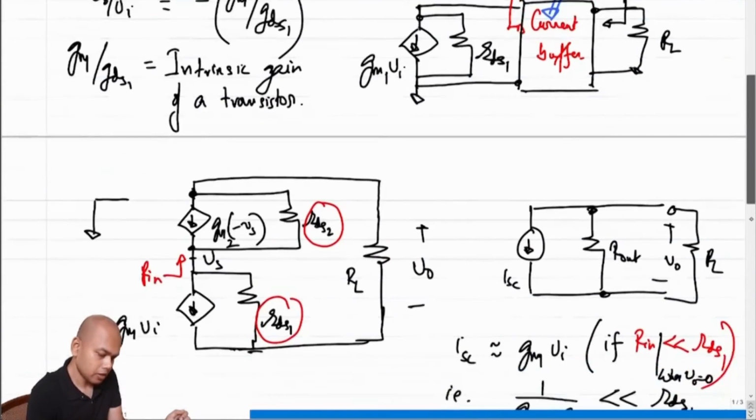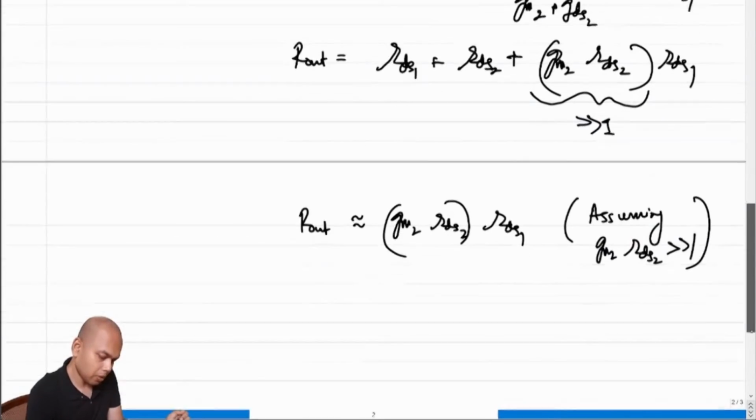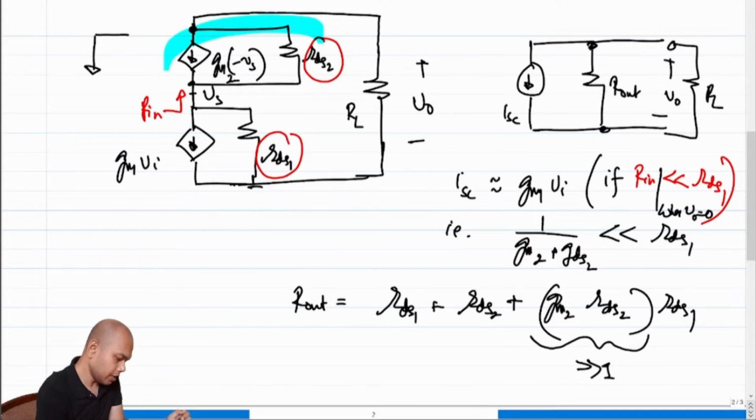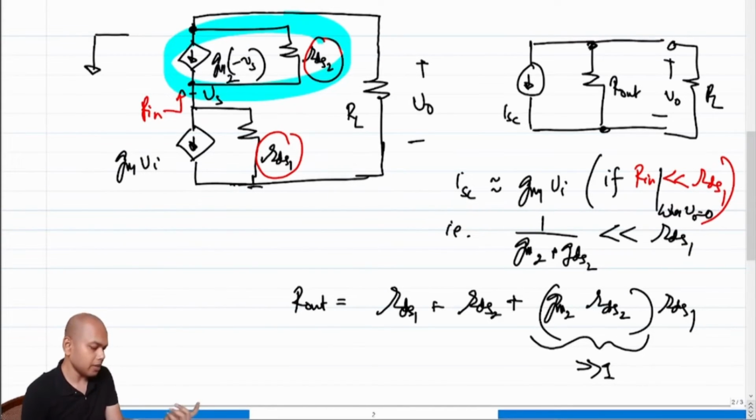Okay, so what is the intrinsic gain of this guy? The intrinsic gain of that block is basically the GM associated with that block times the resistance associated with that block, right?